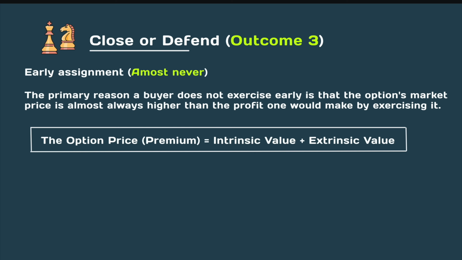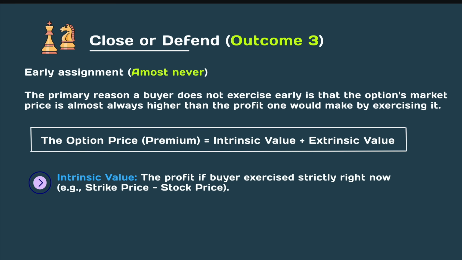Let's look at the fundamental equation of the option price being equal to the intrinsic value plus the extrinsic value. If the buyer decides to exercise early, the only thing they're going to realize is the intrinsic value, which is the amount that the stock price is under the strike price.